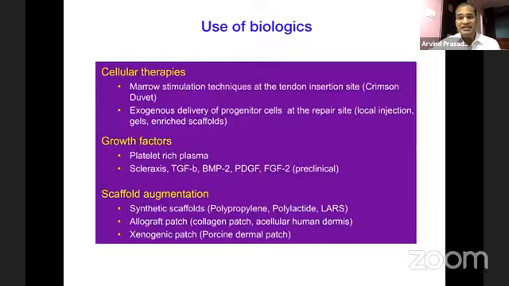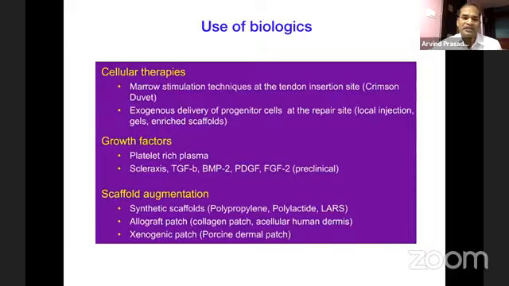In recent advancement, there is a lot of use of biologics after the repair of the cuff or during the repair of the cuff, which may be cellular therapy, which is the marrow stimulation technique at the tendon insertion, which usually we do with microfracture at the anatomic footprint of the cuff, so that a lot of growth cells come through the marrow.